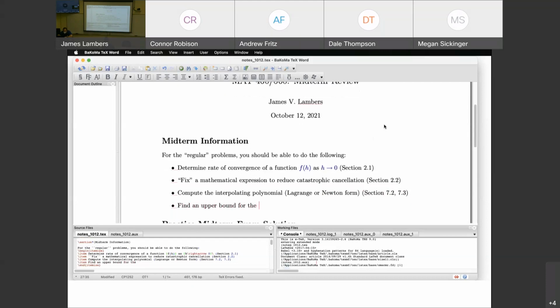And finally, an upper bound for the error in the interpolating polynomial. That's 7.4.